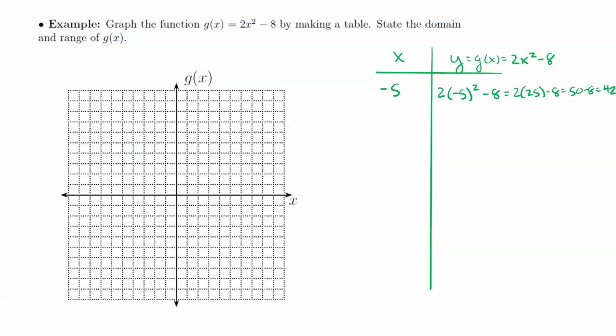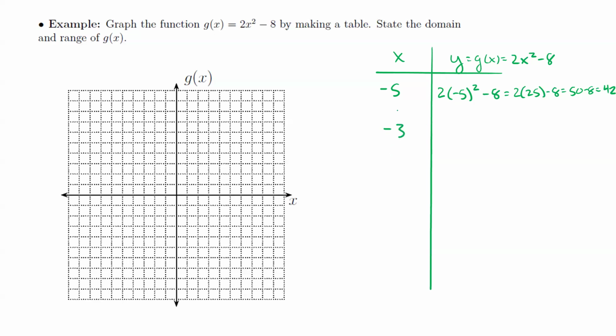So if you notice that, if you get a y value that's just way off the grid, then pause for a second and think, okay, what kind of x values are going to give me reasonable numbers for my y values? Well, negative 5 just was too big after I squared it, right? So you want to be thinking about numbers that don't get that much bigger after they've been squared. Okay, so let's go ahead and pick some things like negative 3 might be a little bit better.